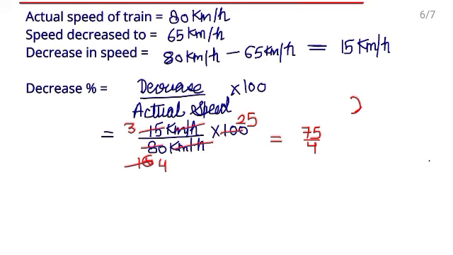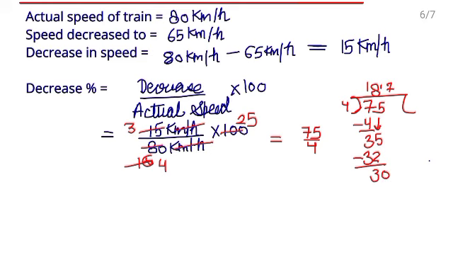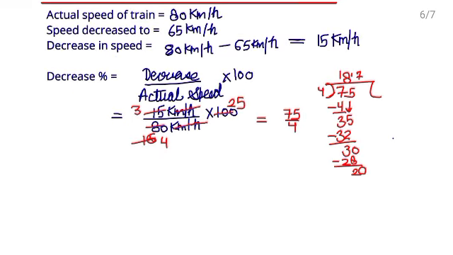Now solve it. 75 divided by 4. 4 1s are 4. Subtract 3. 4 8s are 32. Subtract 3. Put decimal. Take 0 here. 4 7s are 28. Subtract 2. You have already taken the decimal, so you can put 0 here. 4 5s are 20.